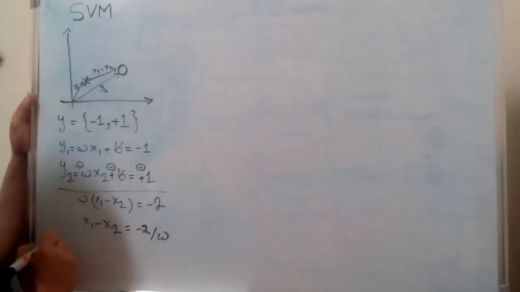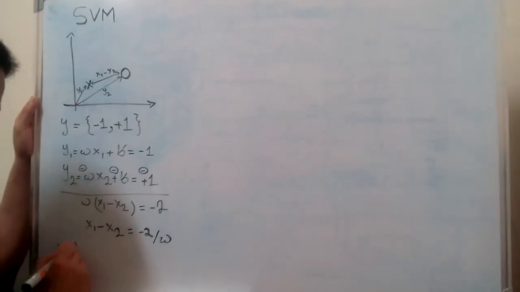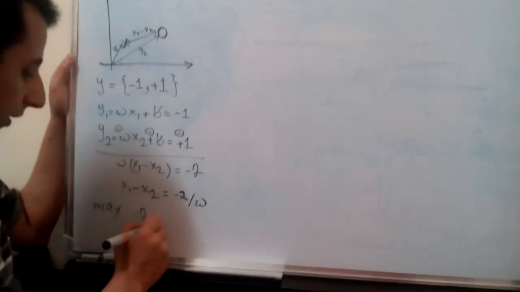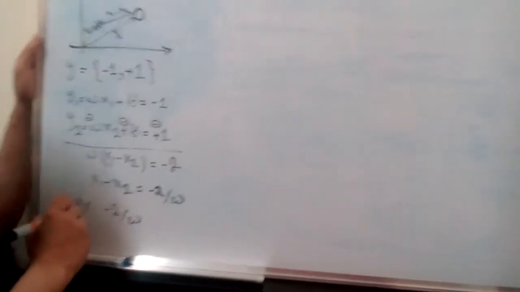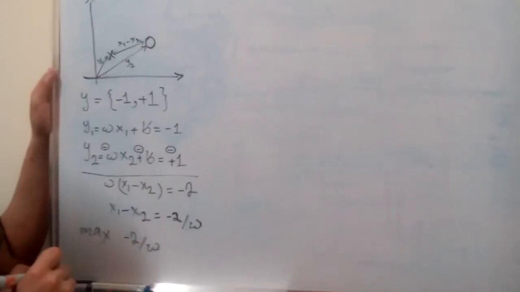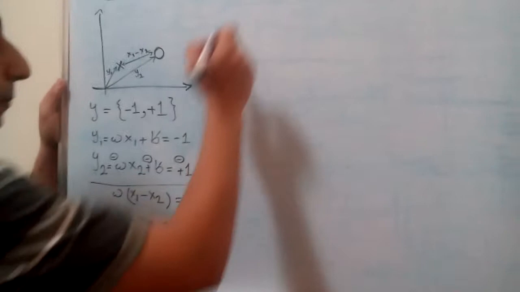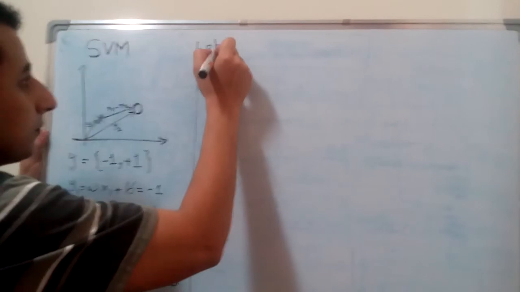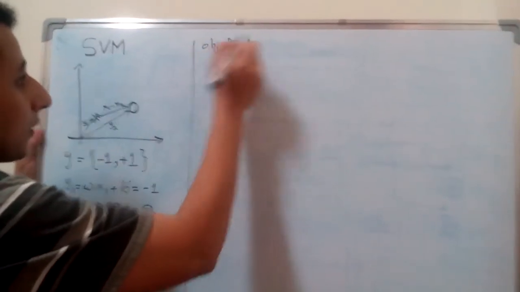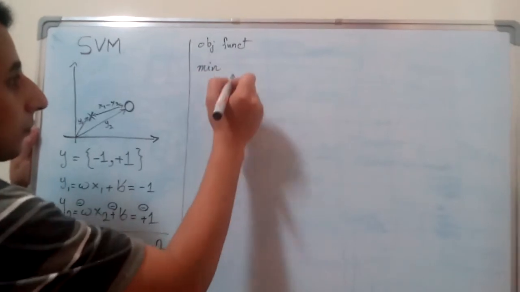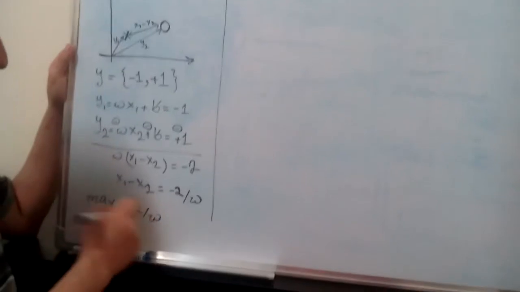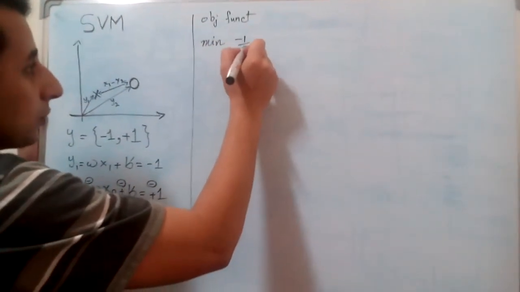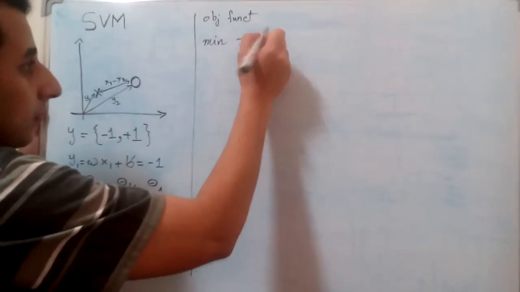So this is our objective function. The objective function in this case, we are trying to maximize minus 2 over omega. It is equivalent if we said that our objective function is to minimize, we will flip this over. The inverse will become minus 1 over 2 omega.